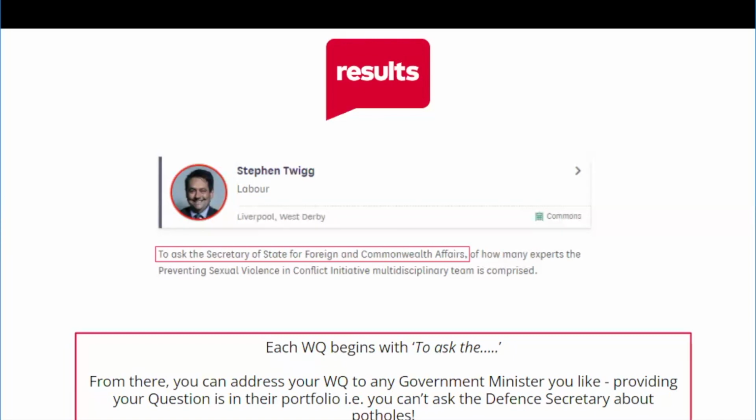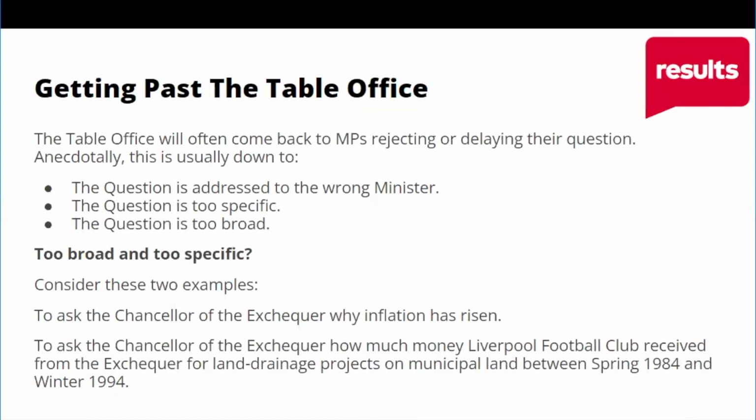And if you can basically get the table office to sign off on the first go, then you're saving the MP's office loads of time. I probably should have explained this earlier on, but the reason for giving you the framework to write these parliamentary questions is that it makes it that 1% easier for an MP to just copy and paste your question into the portal in Parliament and answer it.